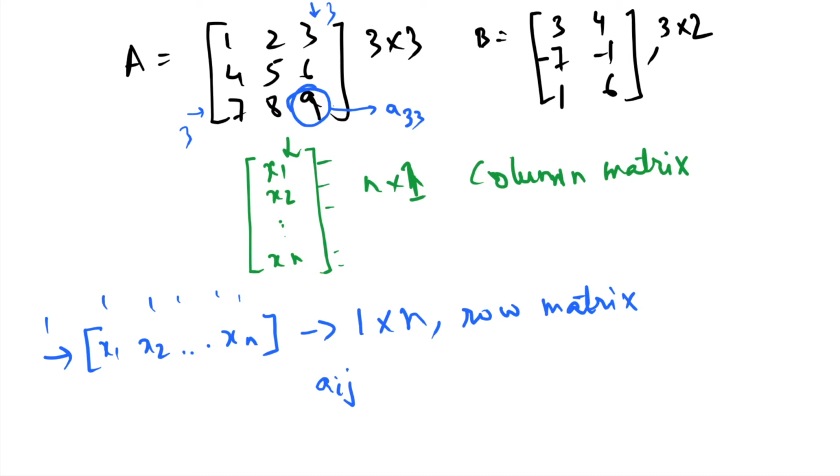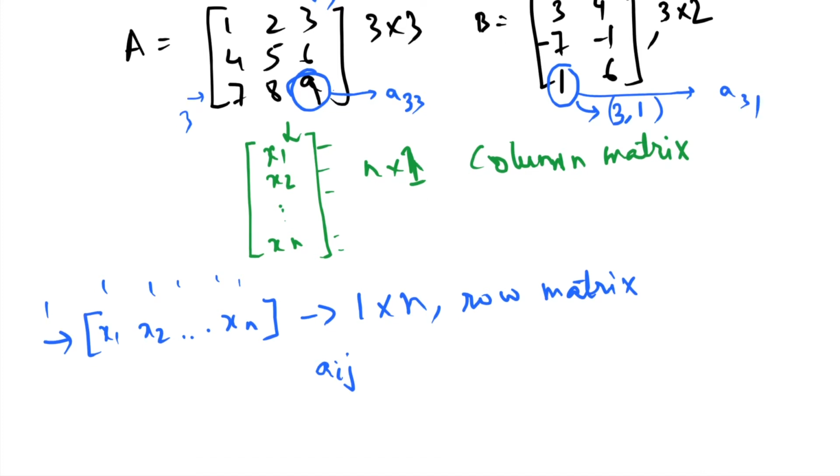Okay, let's take the example of the number 1 over here. Now this number 1 belongs to the 3rd row and the 1st column, so this number 1 will be denoted by A31.